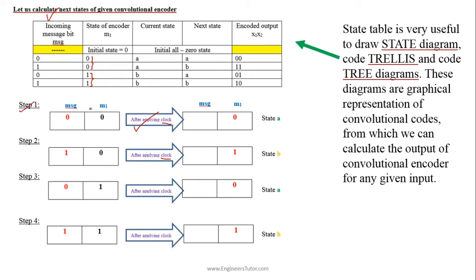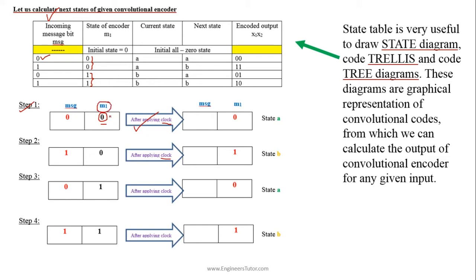In step 1, let us assume the state of the shift register, or the state of the encoder, is 0. The bit in red represents the incoming bit, and suppose the incoming bit is 0.